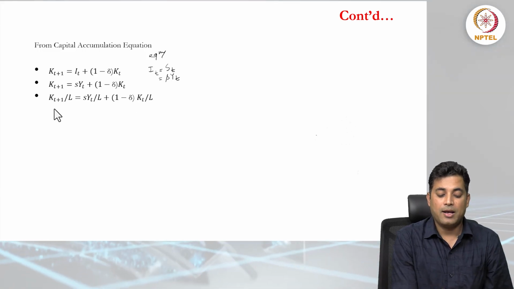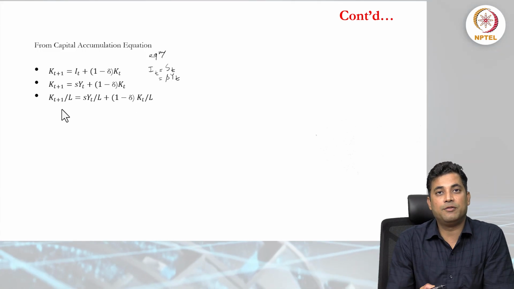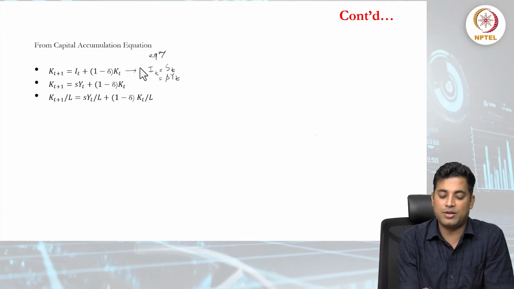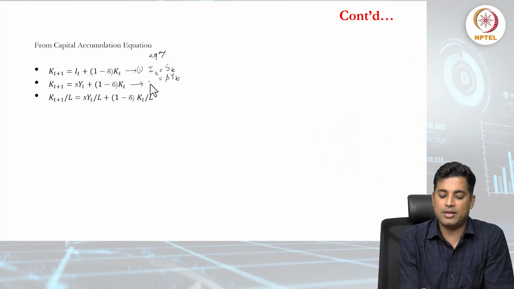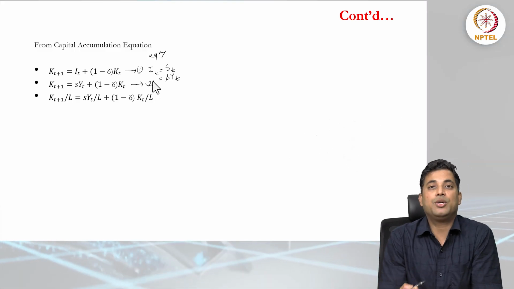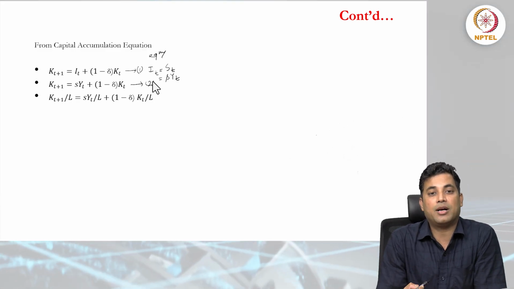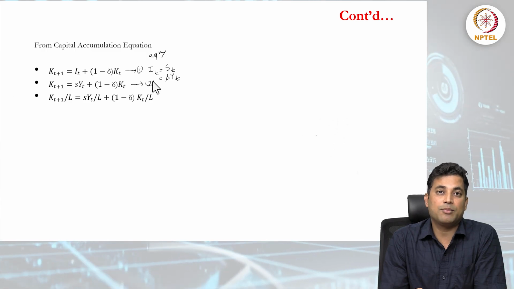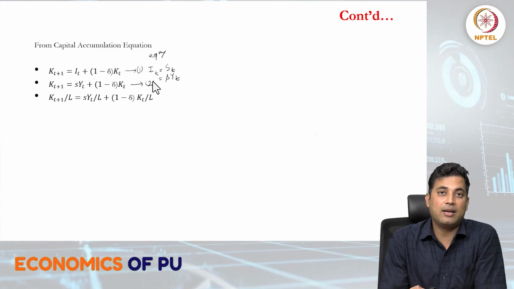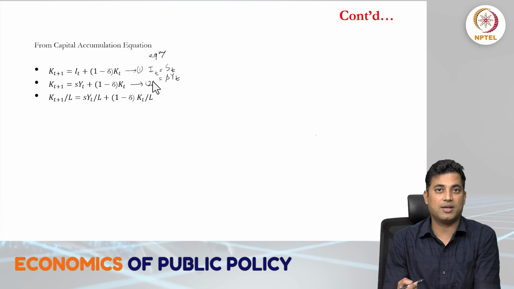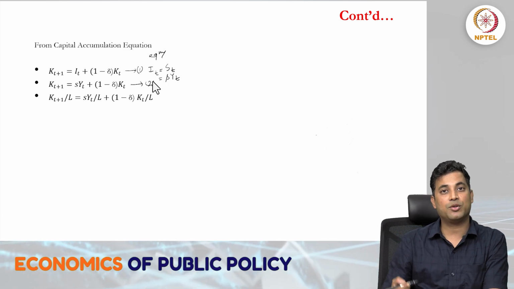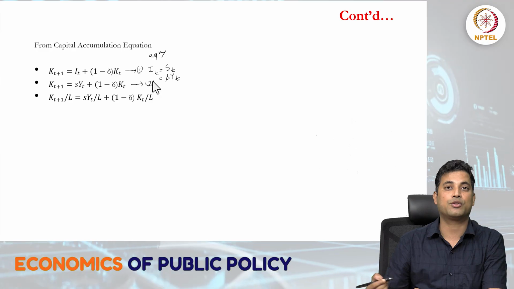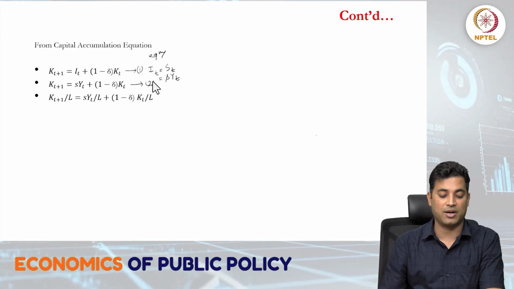Then we have to convert the total function. If I call this equation 1 and this equation 2, then from equation 2 we will convert the capital and output into capital and output per worker, because that is Solow's assumption, and we'll convert this equation into the form of Solow's production function.